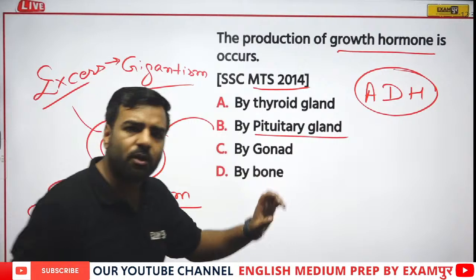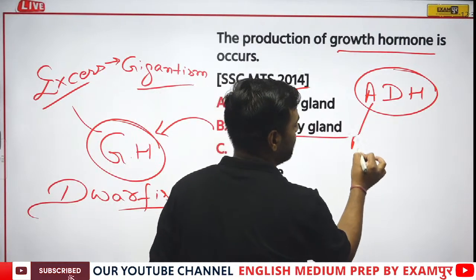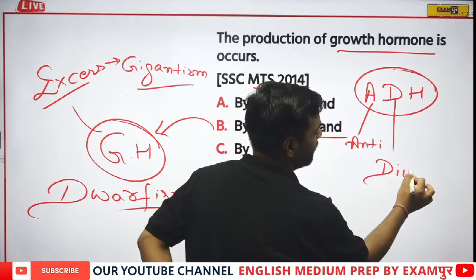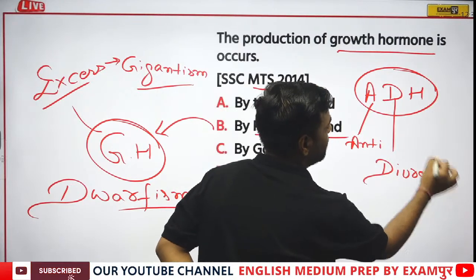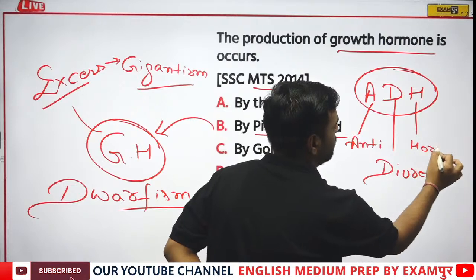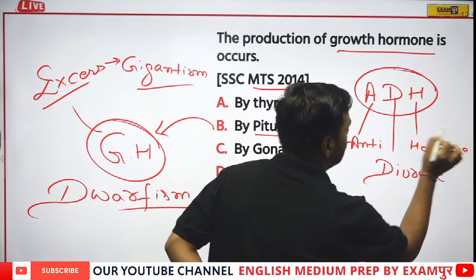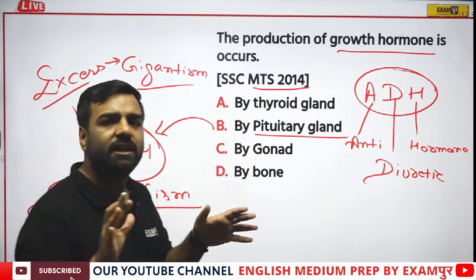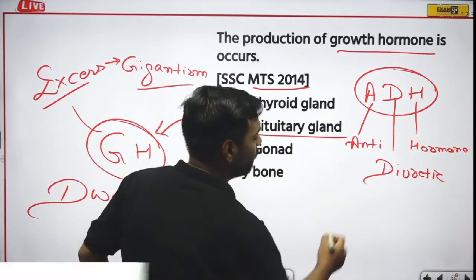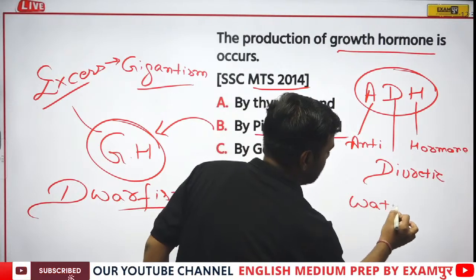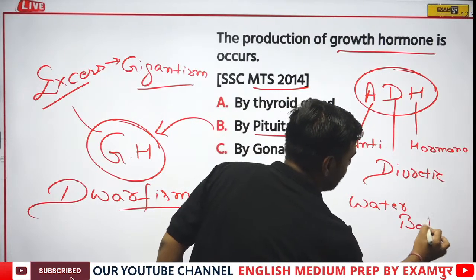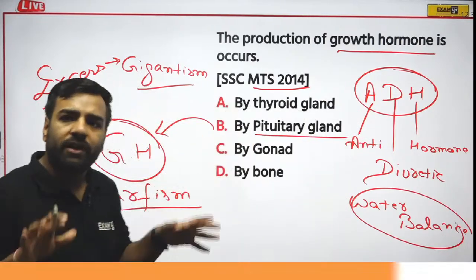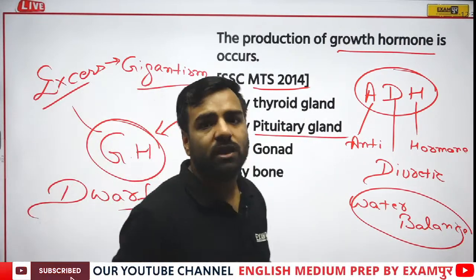What is this ADH? Its full form is anti-diuretic hormone. D stands for diuretic. H stands for hormone. So what is this anti-diuretic hormone? Anti-diuretic hormone is a hormone present in the body which helps in the water balance. How? Whatever we are drinking, now there may be some issue in our body.